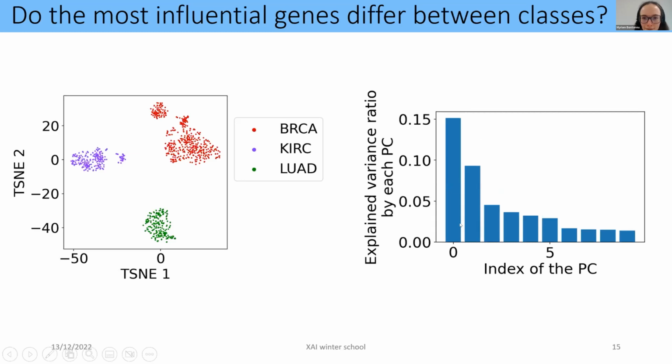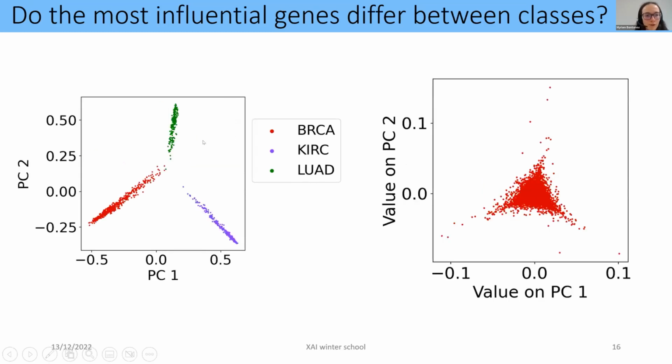So we checked that. We did a PCA on this data, and we plot the classes in the first 2 principal components. We see that they are well separated. So we did a toy experiment, let's say. We just took the genes which had the highest values on the first principal component, the lowest values on the first principal component, and the highest values on the second principal component.